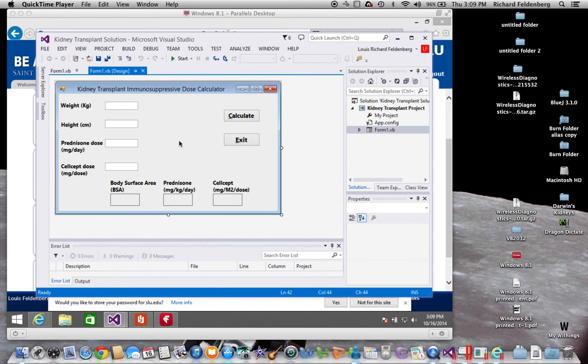And then we do a calculation just on a calculator to be sure that the dose of prednisone is in the therapeutic range, and the dose of Cellcept is in the therapeutic range.